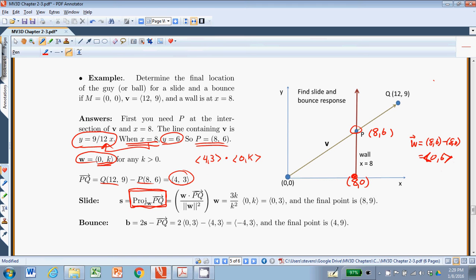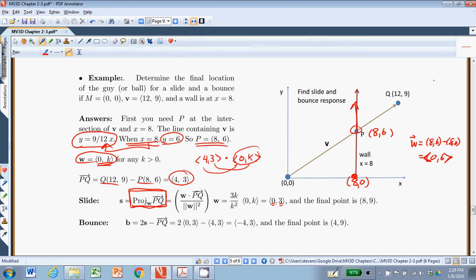Then I get 0 plus 3k down there. The size of W squared is just 0 plus k squared, times W, which is just 0, k. And I just left the k in there just so that it illustrates that it could be any number, right? And notice I'll get a 3k squared over k squared, so that'll just be a 3 here, and obviously the 0 stays.